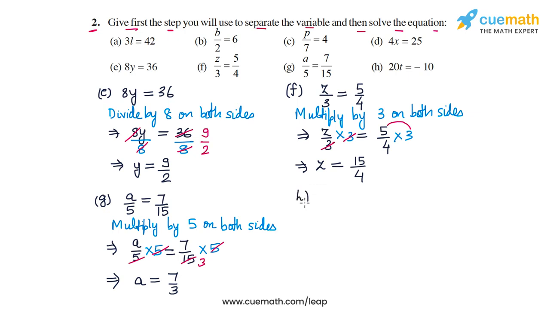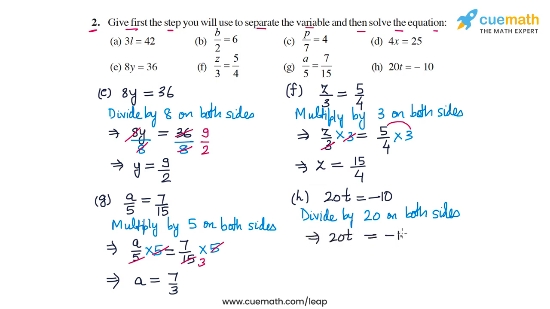Finally, in part H, the equation is 20t is equal to minus 10. To get rid of the 20 on the LHS, we will divide by 20 on both sides. So divide by 20 on both sides. Now let's write the LHS and RHS again. So 20t and minus 10 on the RHS. And now let's divide both of these by 20.